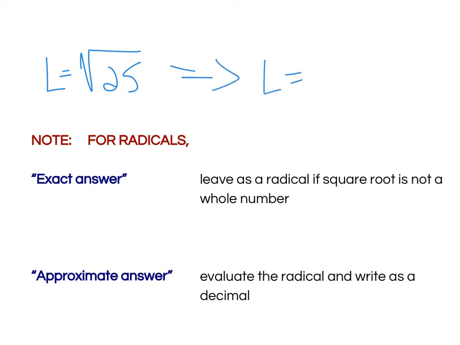Leave it as L equals 5, because that works out nicely, right? But if the question says √20 is what you get, and it says exact answer, you want to leave it as √20, as opposed to evaluating it and getting a decimal answer. But if a question says, on the other hand, approximate answer, that's where you're going to evaluate the radical. You're going to write the value as a decimal.